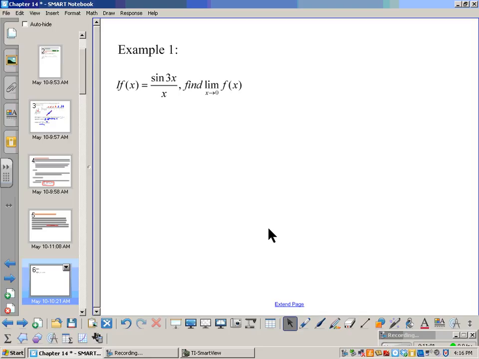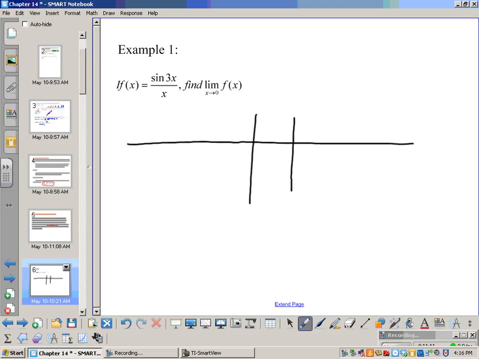Okay, now this time we're talking about approaching 0. So let's actually make ourselves a table here. And in the table, we're going to put in the center of the table 0, because we want to approach 0 from the negative side and from the positive side.